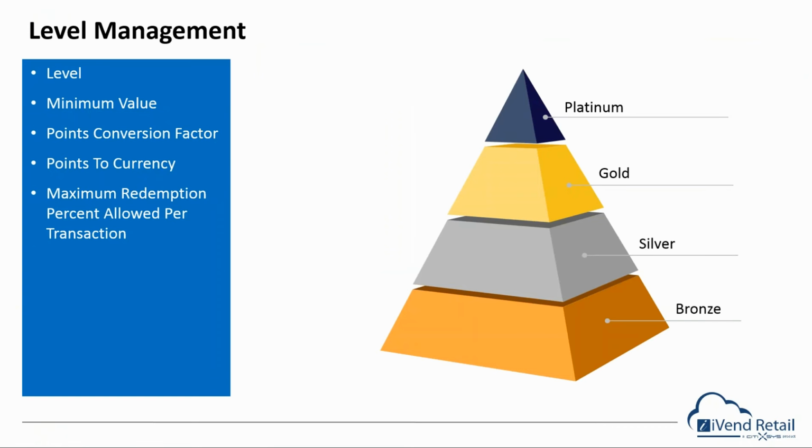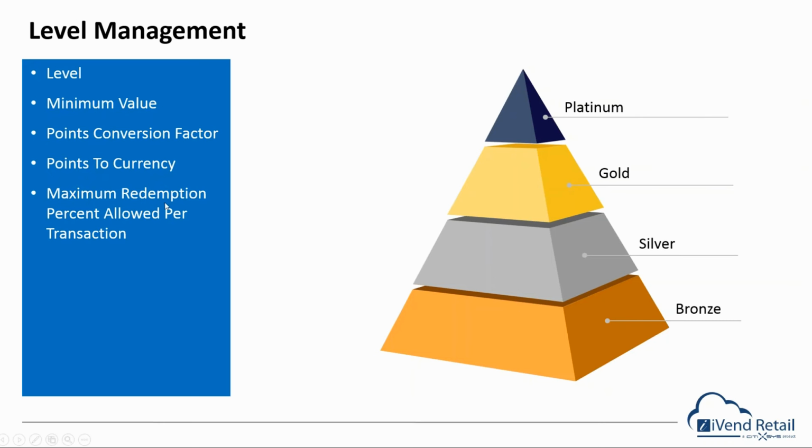Now, remember with your loyalty level management, you can set up as many levels as you want, and you can set up your conversion ratios between different levels. You can set your points conversion factor, of how many points you can redeem at a specific time, and your points to currency.